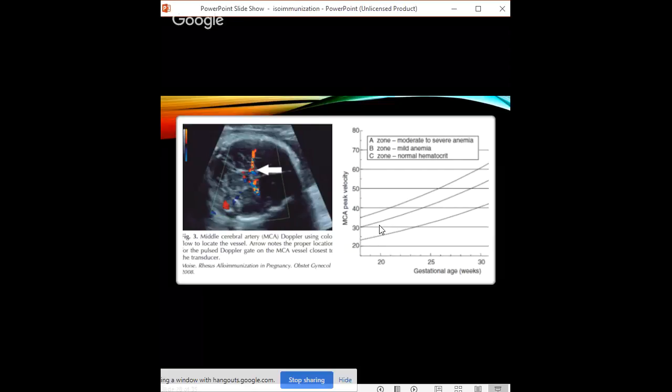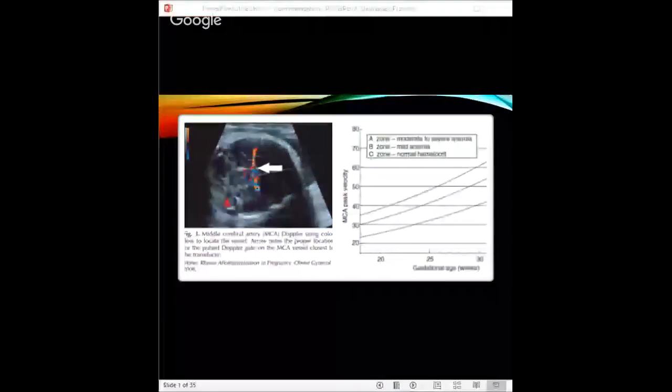So that is why they plot it on the graph using the multiples of the median for gestational age, to give an estimate of the degree of fetal anemia. And this test is actually comparable with the testing with amniocentesis done previously. Hope that answers your question, Stephen.